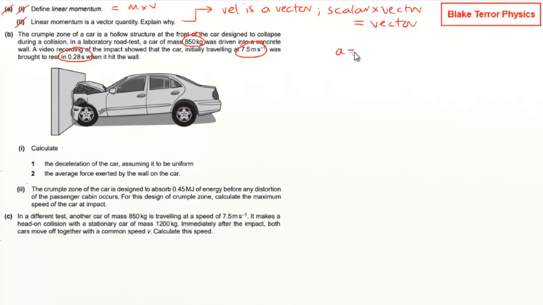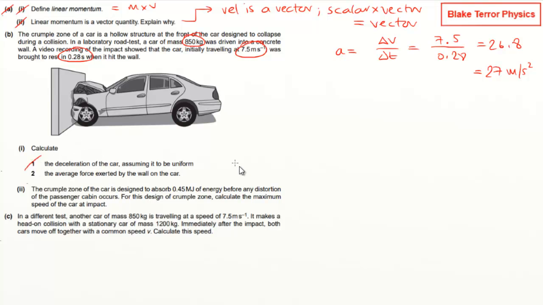Acceleration is the change in velocity over the change in time. So that's 7.5 meters per second divided by 0.28, which is 26.8. As usual, we're on two significant figures here, so we say 27 meters per second squared.